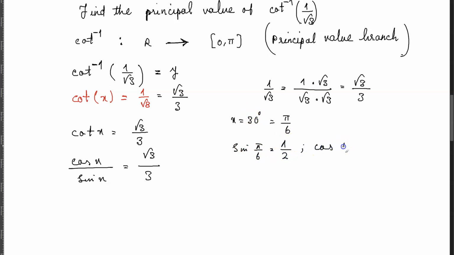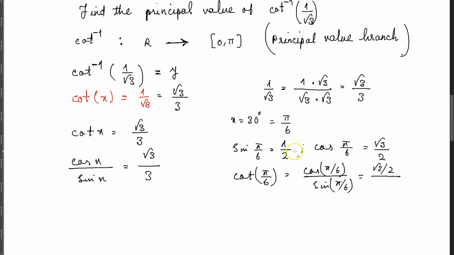And we know that the cos of pi by 6 is equal to square root of 3 over 2, right? Which means that the cot of pi by 6 is the same thing as cos of pi by 6 over the sine of pi by 6, which is equal to square root of 3 over 2 over 1 by 2, which is equal to square root of 3.